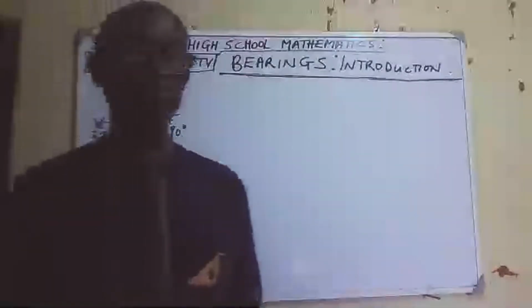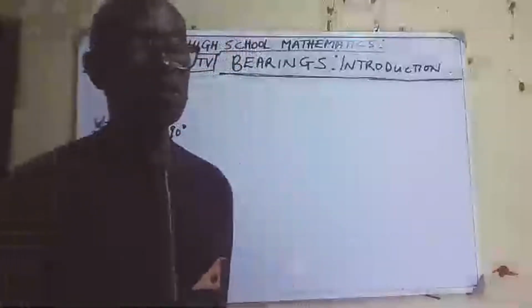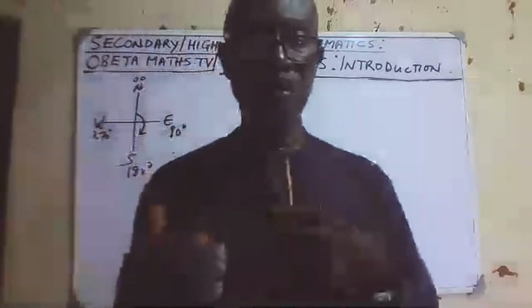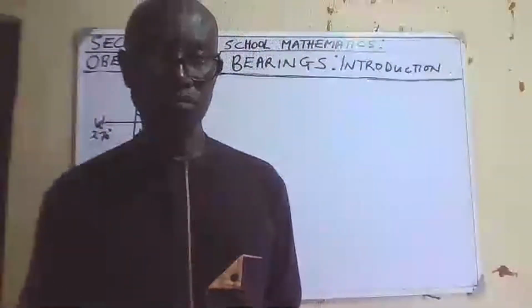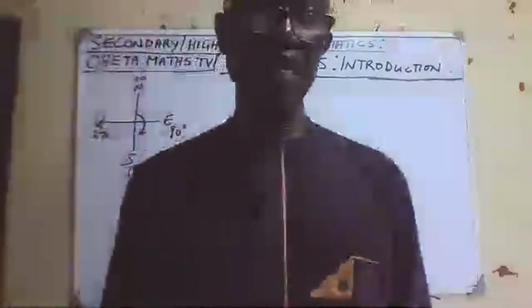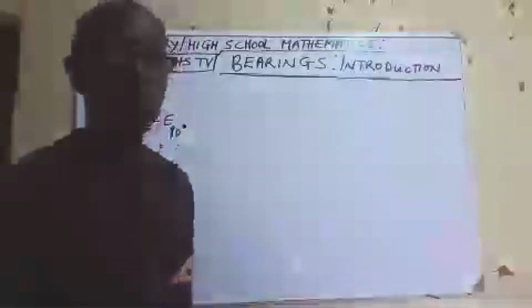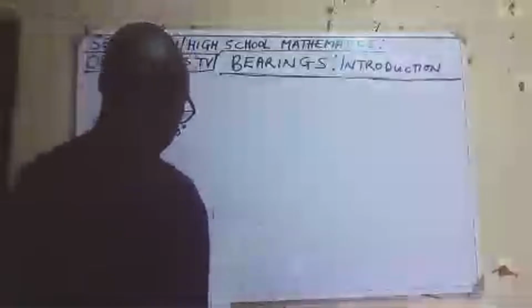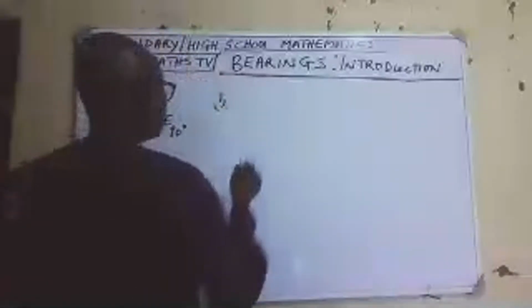Now, we'll solve some examples to show how to locate points under bearing from A to B, from B to A, and so on and so forth. Let's see some examples. Assuming we are given this, that's number one.